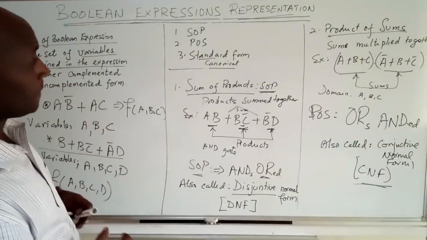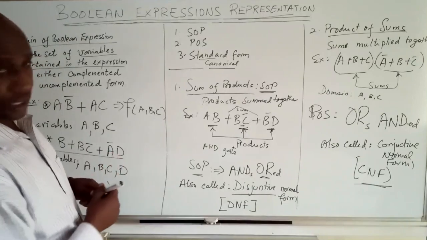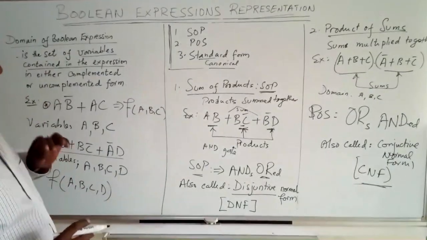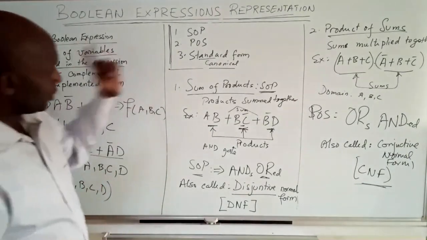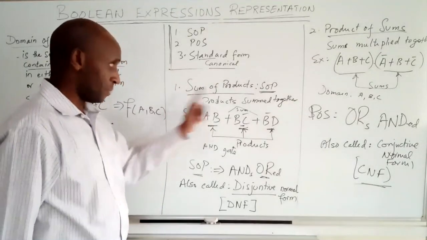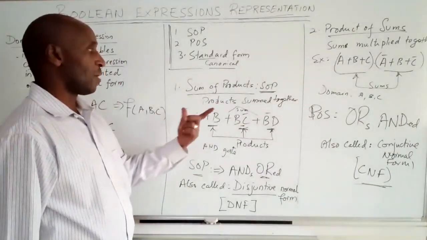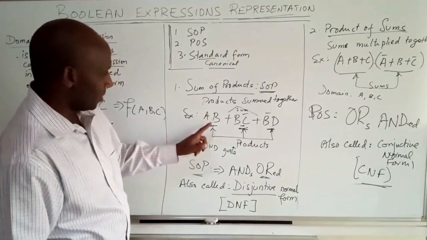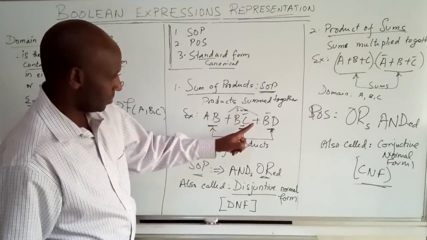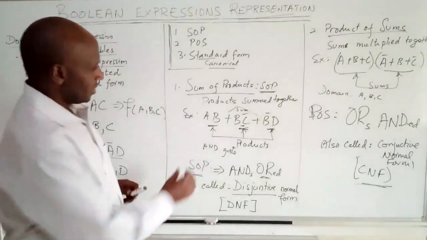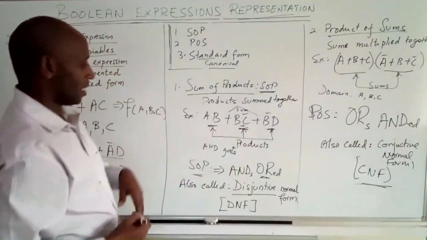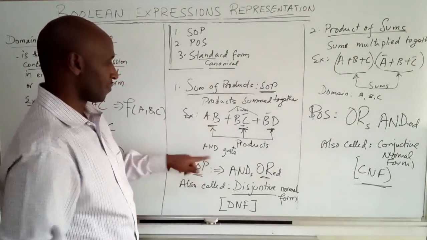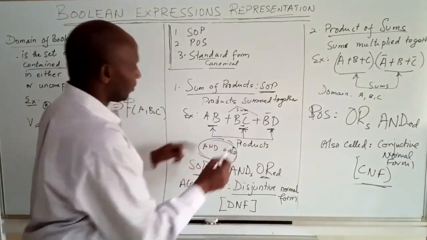So now, as I was saying, we have three forms of representation. Let us first repeat. The first one is the sum of products, SOP, where we have products summed together. Giving an example, AB, BC bar, plus B bar D. These are the three products summed together. That's why we can say one product is equal to an AND gate.